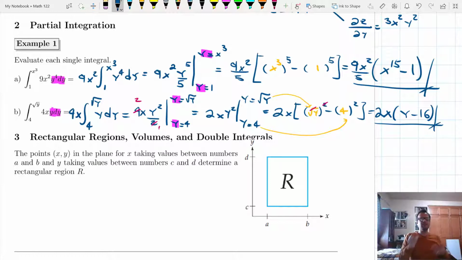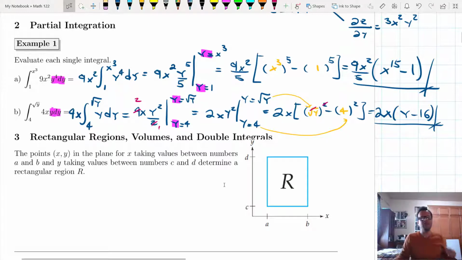So this is just to give you the idea that when we evaluate double integrals, all we do is take the integral with respect to one variable first, and then the integral with respect to the second variable afterwards.